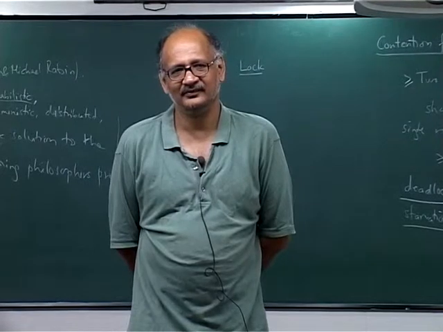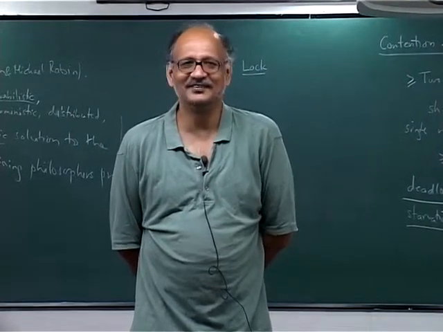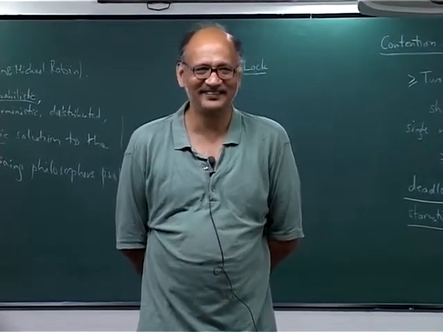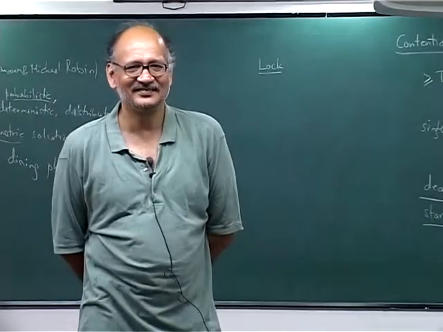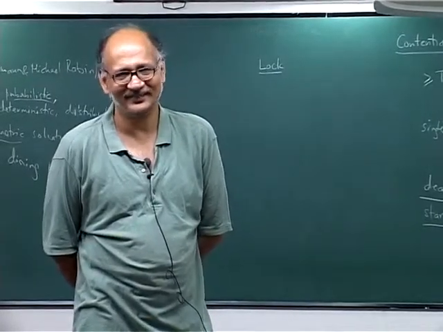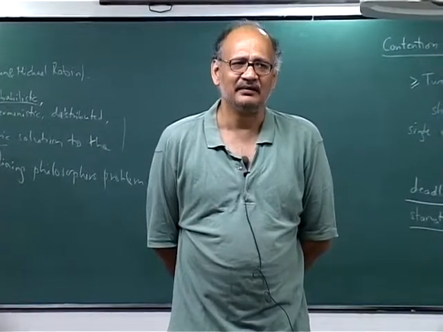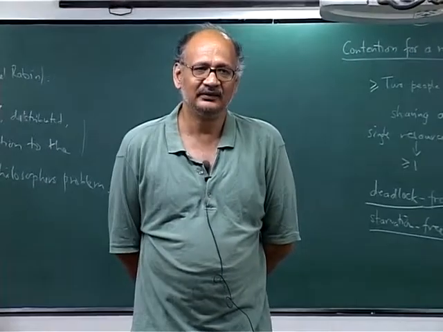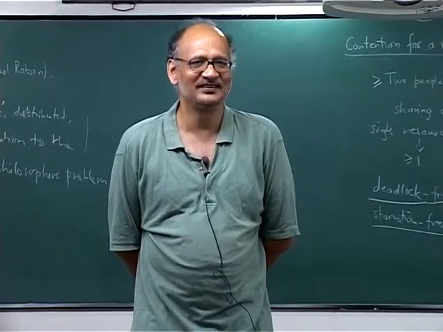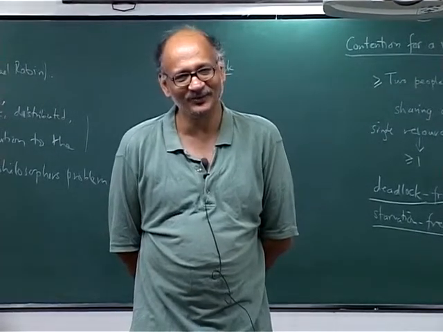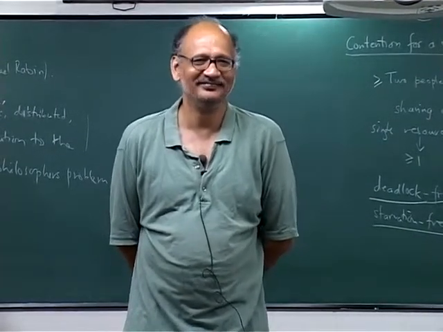Sorry, yes. It doesn't matter whichever way it is; it's a convention which we decide. Whether 0 is locked or unlocked is something we decide. But now how do you execute? What if two people want to lock at exactly the same time?